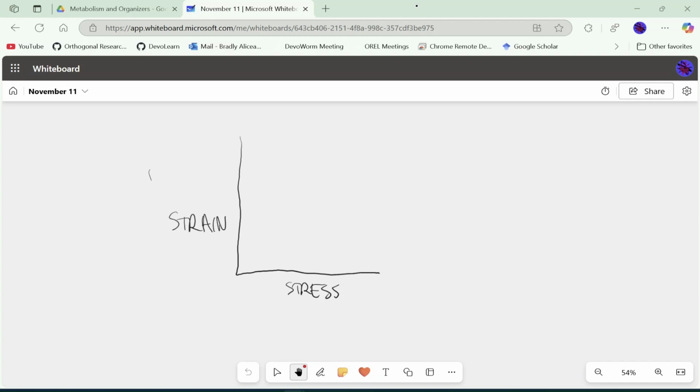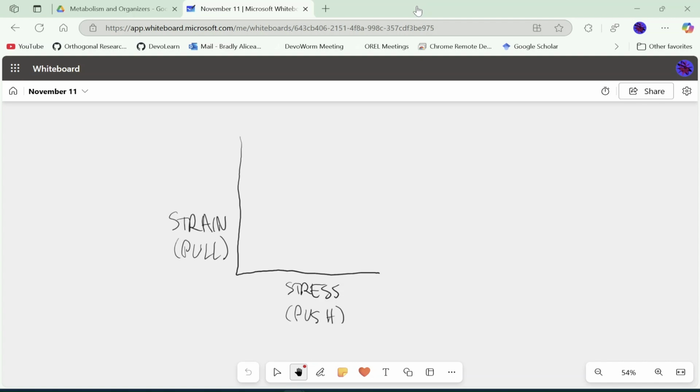So strain is, we can think of strain as pull, and stress is push, generally speaking. Okay, so that's where we have a stress strain curve.